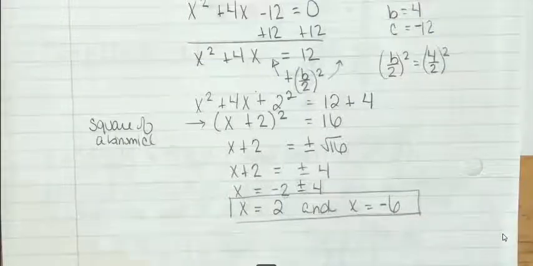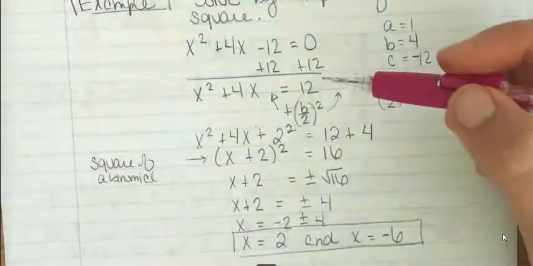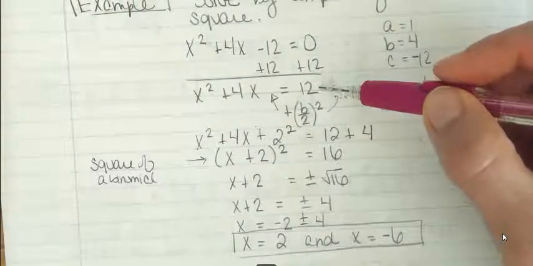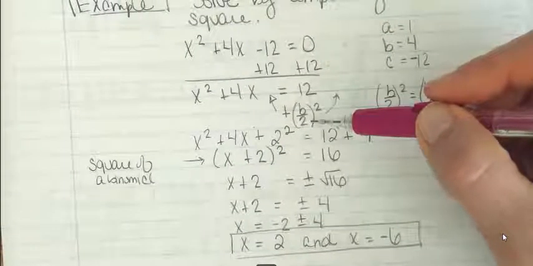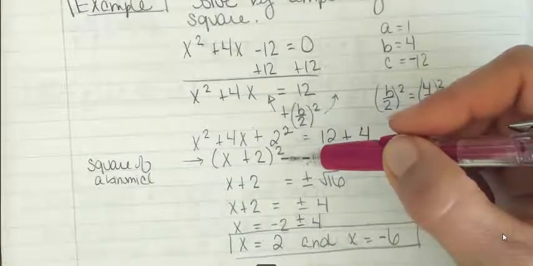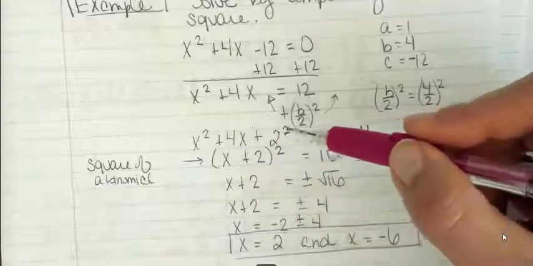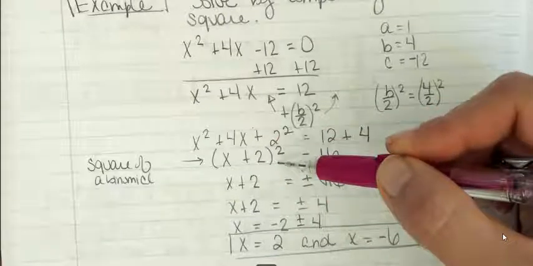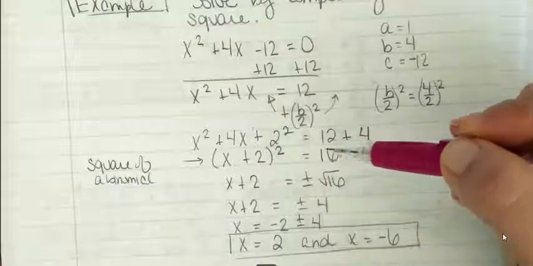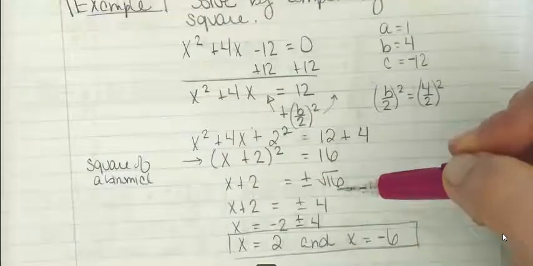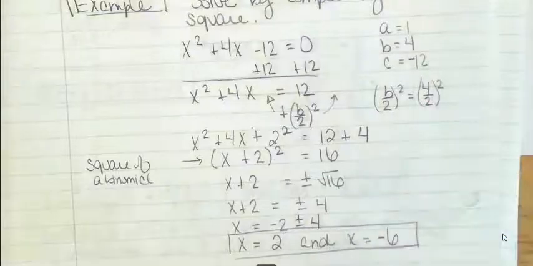So the main point of completing the square: you move the c over, you add b over 2 squared to both sides. You're then able to rewrite this trinomial, which is a perfect square trinomial, as a square of a binomial, which then allows you to take the square root of both sides, giving you your two x-intercepts.